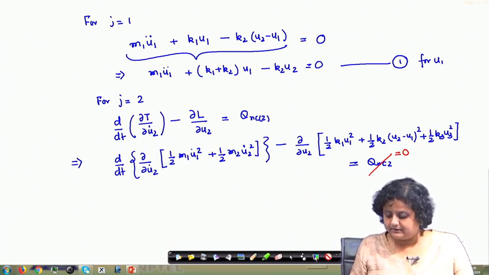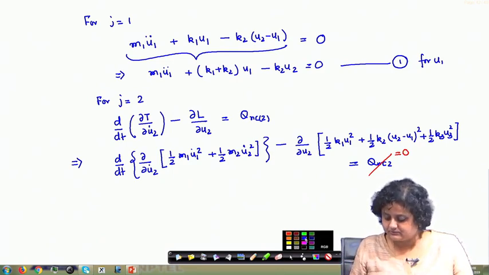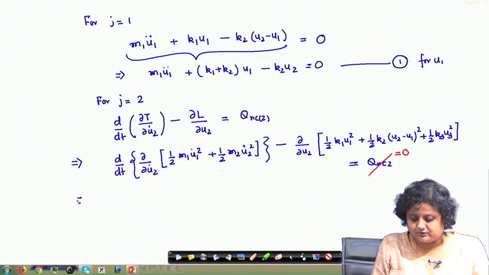So, therefore, let us derive this equation and see what is going to happen.